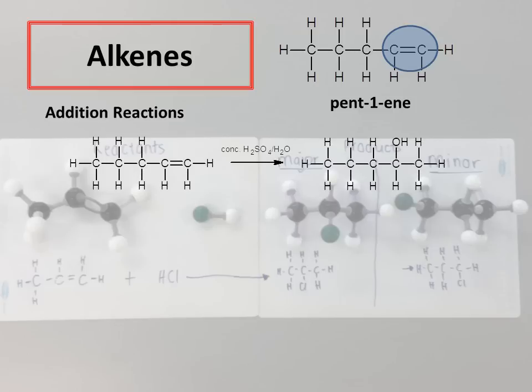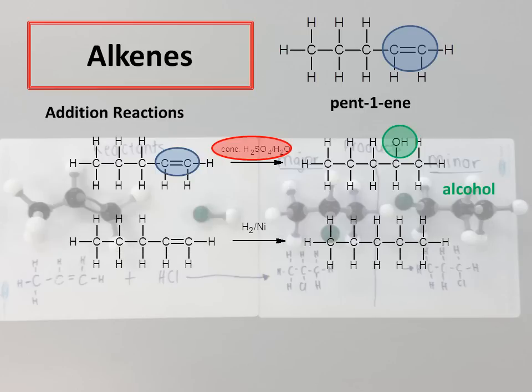We're adding the reagent concentrated sulfuric acid and H2O as well. If we take this double bond and add this reagent, we're going to end up adding the OH and the H across where the double bond was, making an alcohol.